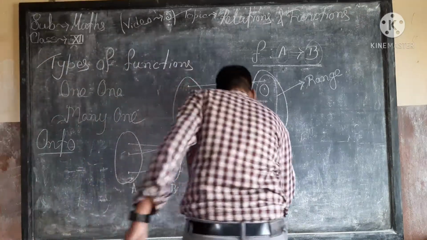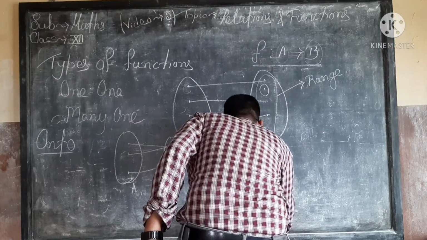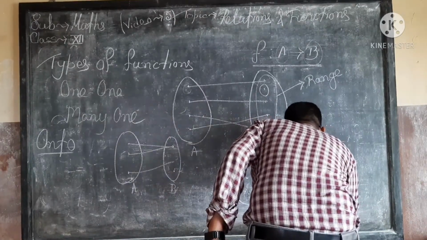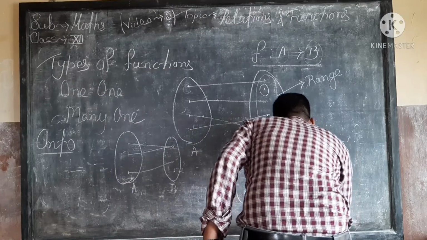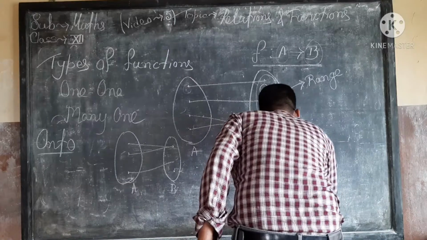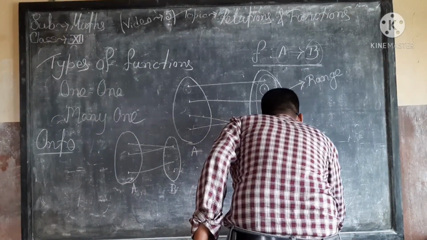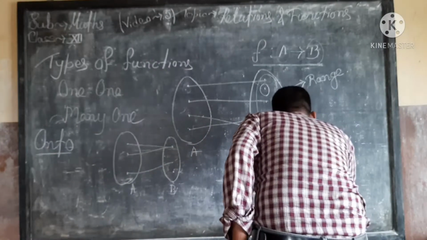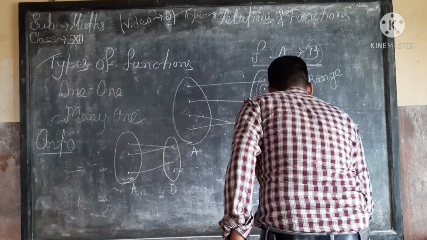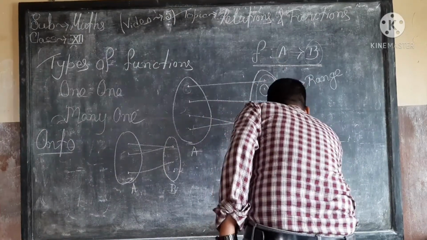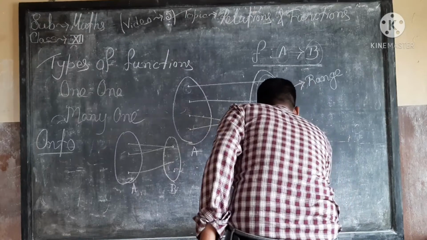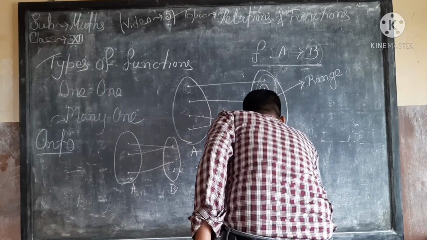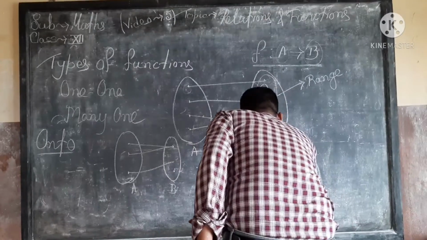Onto function means, suppose this is our first set and this is our second set, and this is also another.